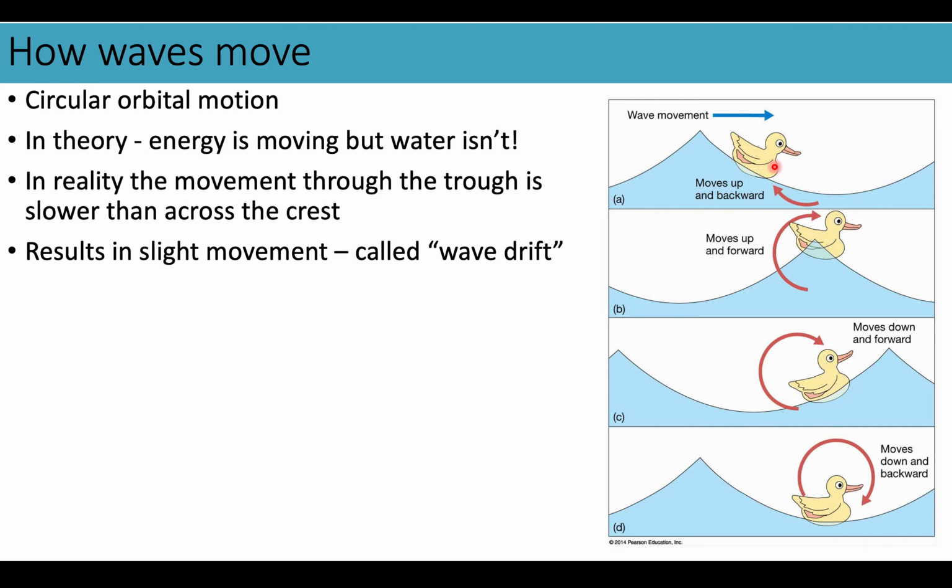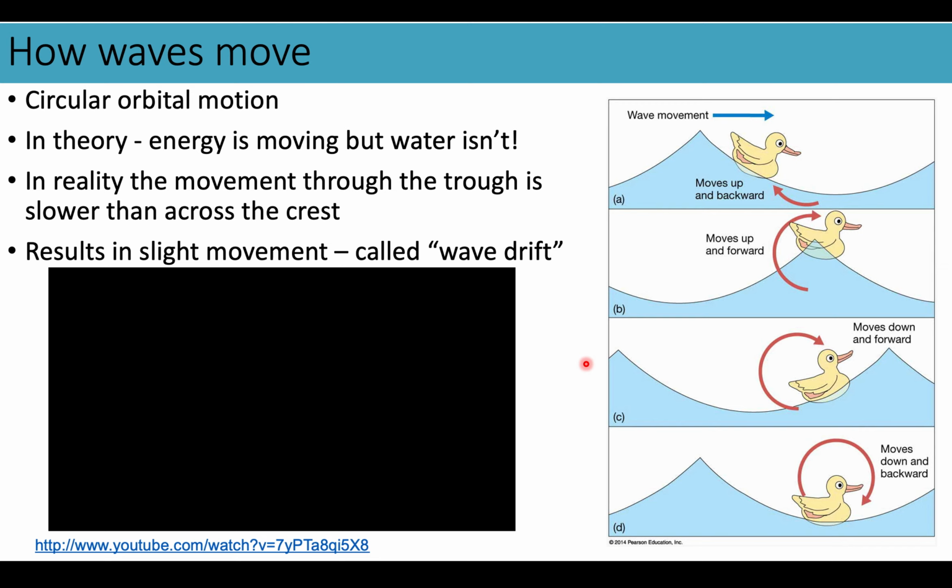So there is slight motion in the water, and it is wave drift. For example, if you had a rubber ducky on top of your wave, you would notice that as the waves move, the duck is actually moving in this circular motion. As the wave moves underneath, the duck is lifted up, and then as the wave moves past, the duck is put back down.